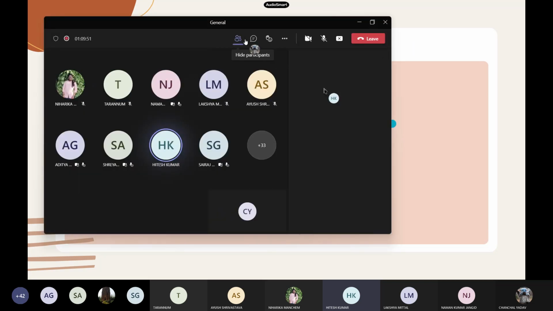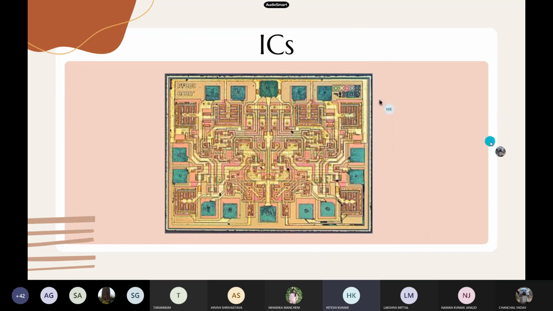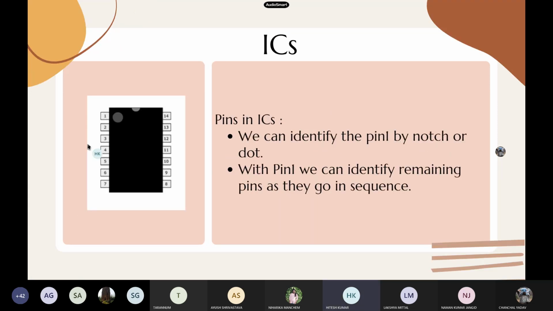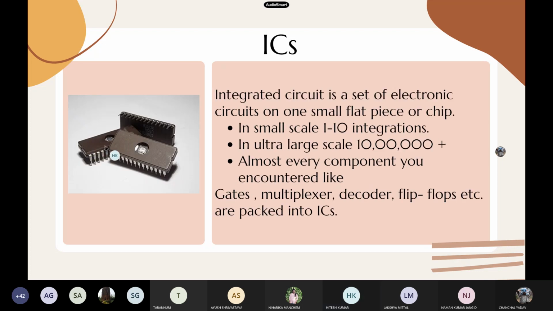I want to give you an idea about the size of, actually, this is called a chip die. This internal circuit is called a chip die. I want to give you guys some idea about the size of the chip die. So you can see these ICs. In these ICs, there is a small hole in between.